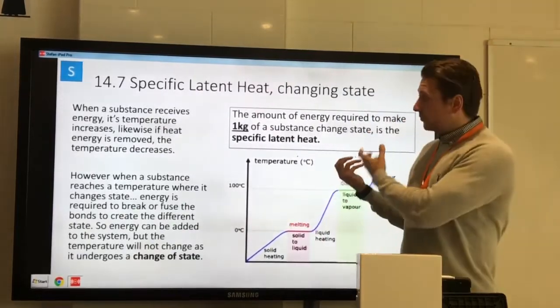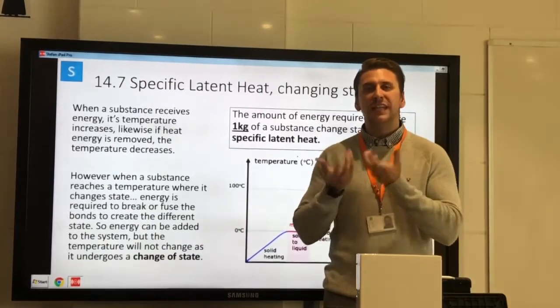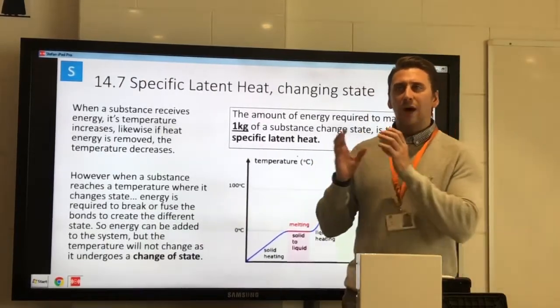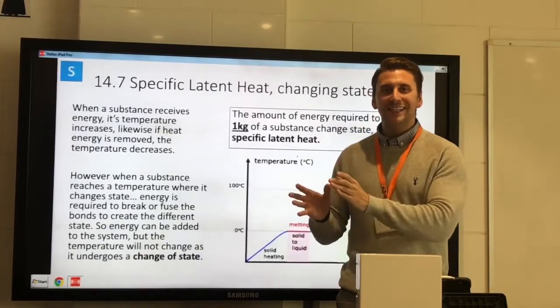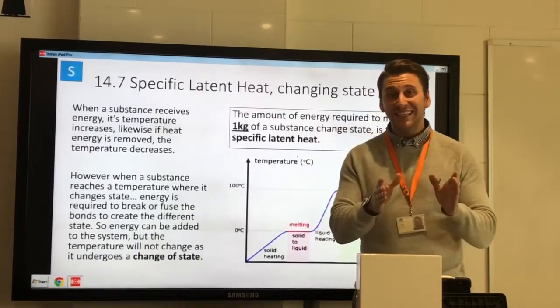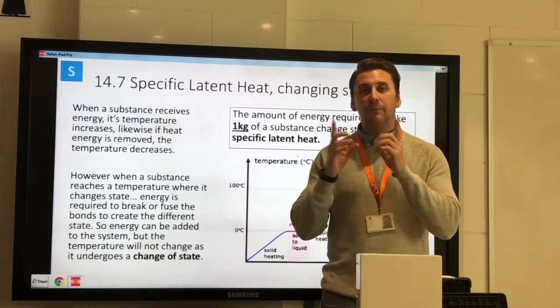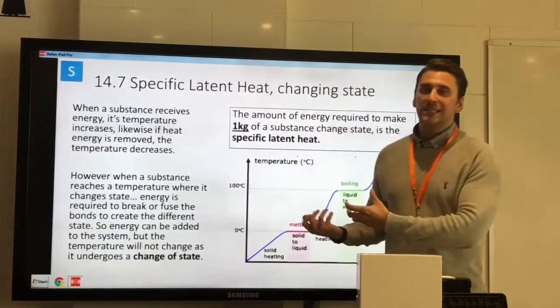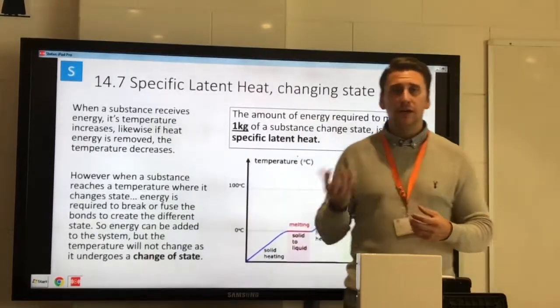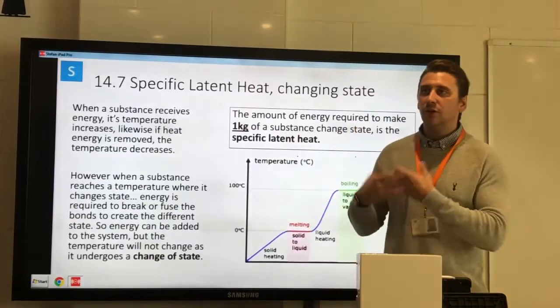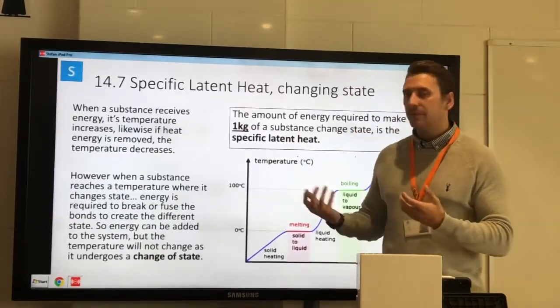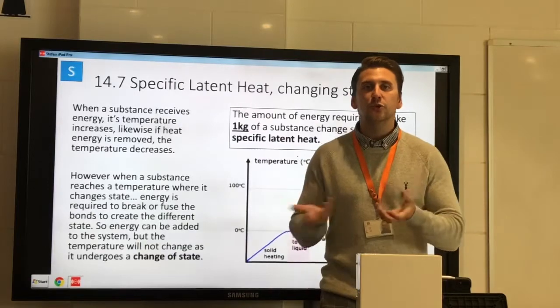Now we create a new definition called the specific latent heat, which means how much energy it would take to change the state of 1 kilogram of a substance. So for example, if it's water, the specific latent heat of water could be, I'm making this value up because I don't have it in front of me, let's say it's 2,000 joules per kilogram.